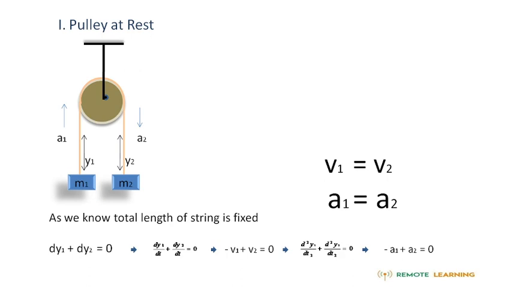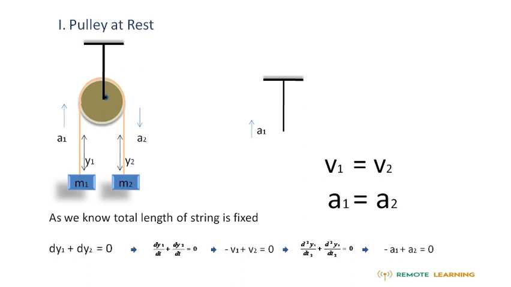But this is a lengthy process, so here I will introduce some simple concepts, tricks to write these constraint equations directly. If we look at the left portion of the string, the upper end is assumed to be fixed and the lower end is moving, decreasing length y1 with acceleration a1.